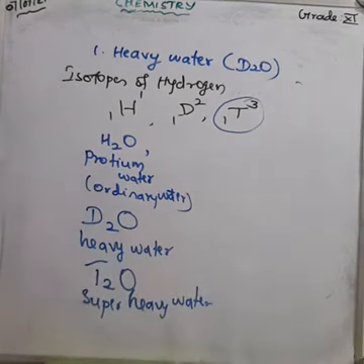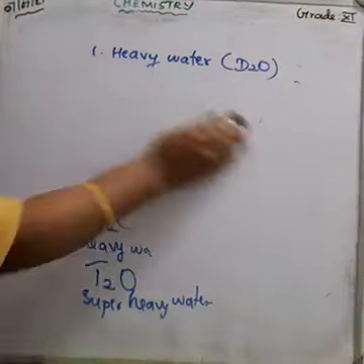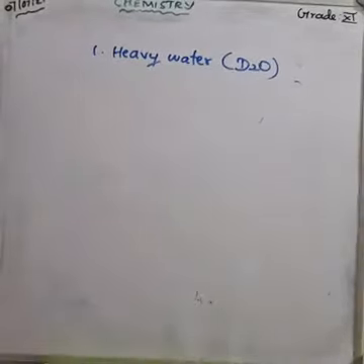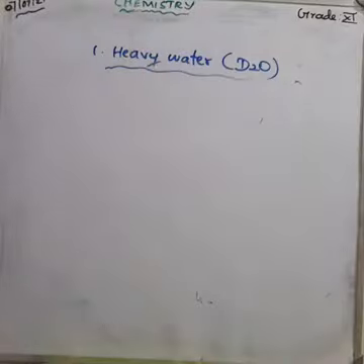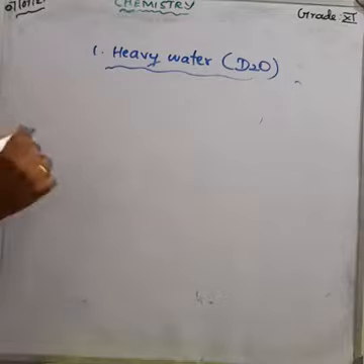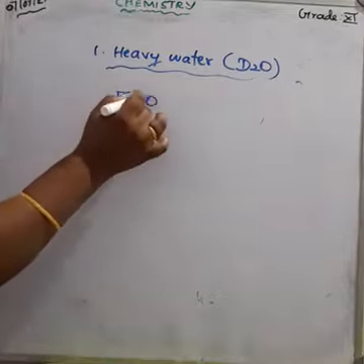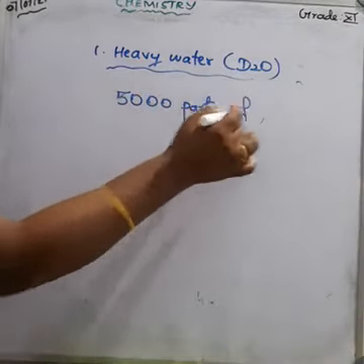Okay, now we are going to study the heavy water, that is deuterium oxide, the oxide of heavy hydrogen. It is present in a very small amount in the earth's atmosphere. For example, 1 part of heavy water is present in 5,000 parts of ordinary water.